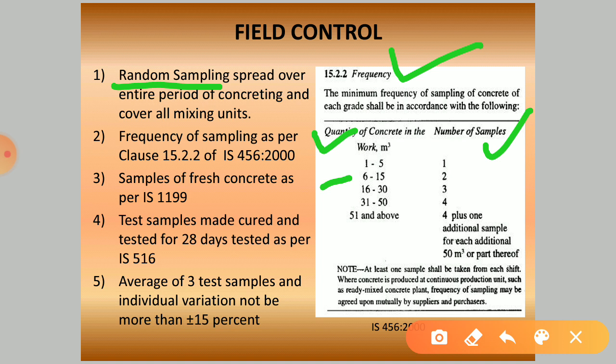Also, depending upon the production unit, if it is continuous, such as ready mix concrete, then the frequency of sampling may be decided by the supplier and purchaser. That means you can decide how many samples you have to test to check whether the quality of concrete is satisfactory or not.